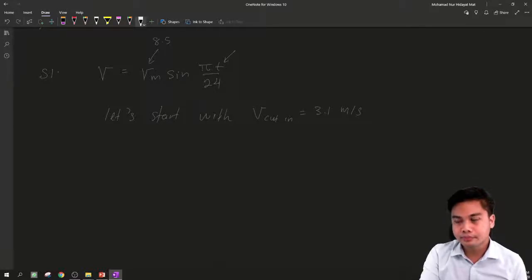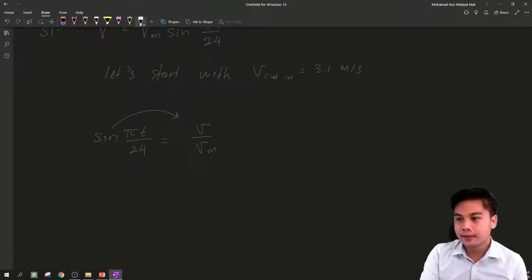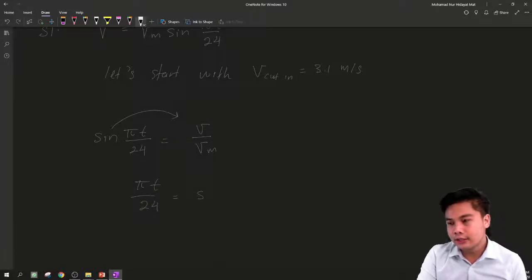So in order to get the T, sine pi t over 24 equal to V over Vm. And then we move sine to the other side. We will get pi t over 24 equal to inverse of sine V over Vm.